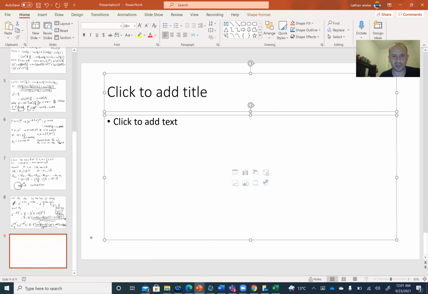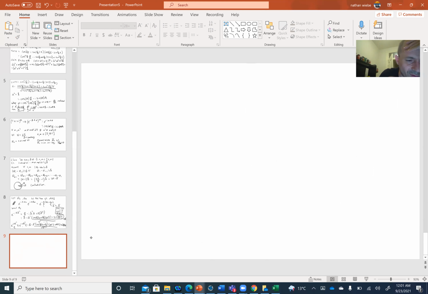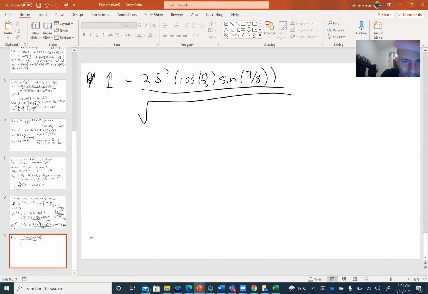So this we can see is an angle of the form RI minus 2 delta prime cosine pi by 8 sine pi by 8, divided by the square root of 2 cosine squared pi by 8 sine squared pi by 8 plus sine to the fourth pi by 8.